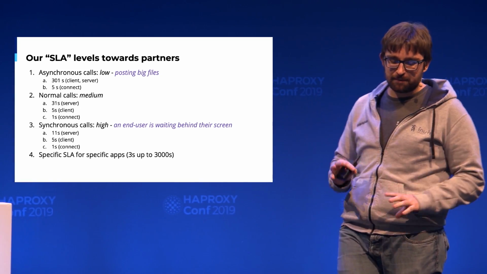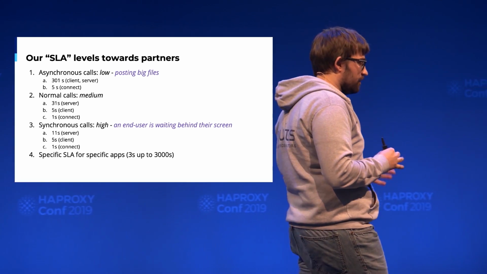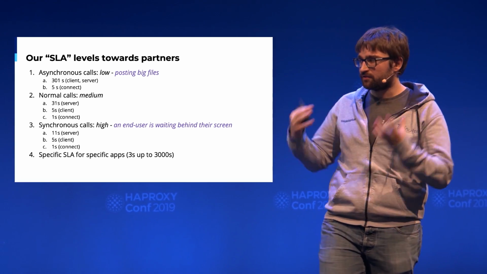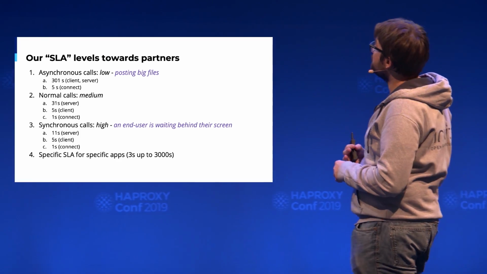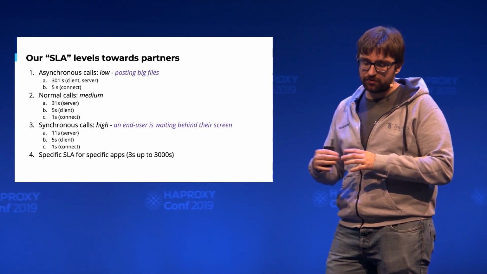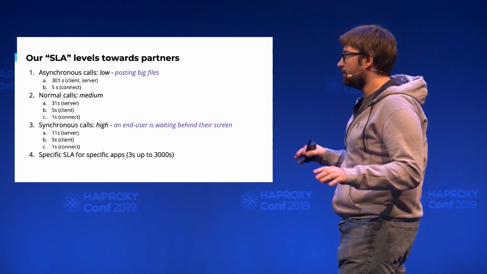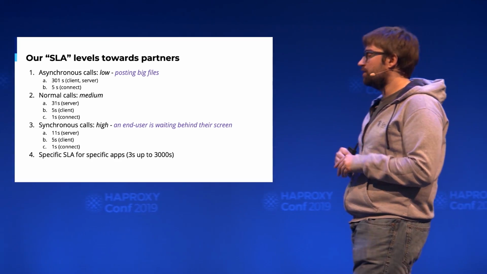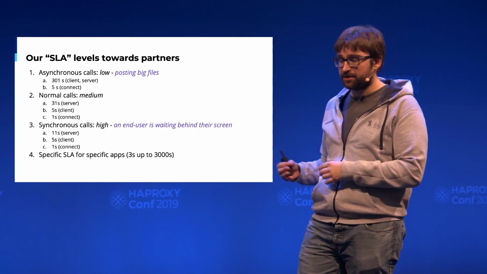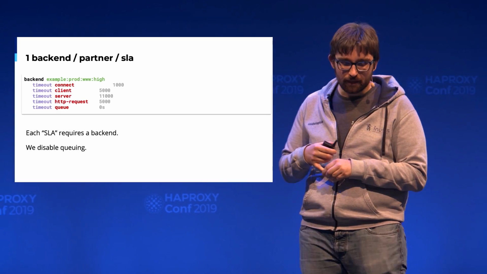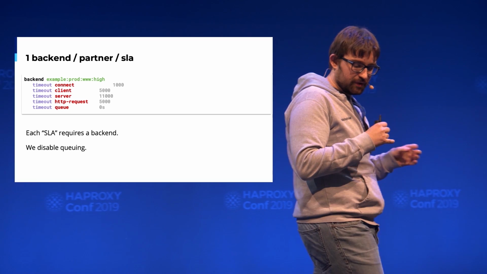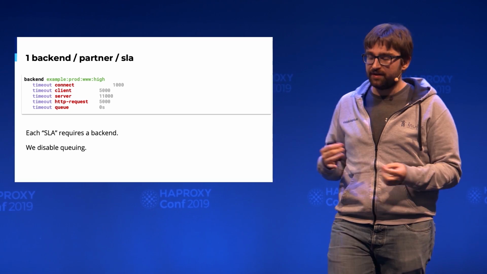Some very specific applications can get specific SLAs as well. Sometimes we time out after 3 seconds, and sometimes a bit more. So we have a long range of SLAs that are possible for the application owners at the HAProxy level.